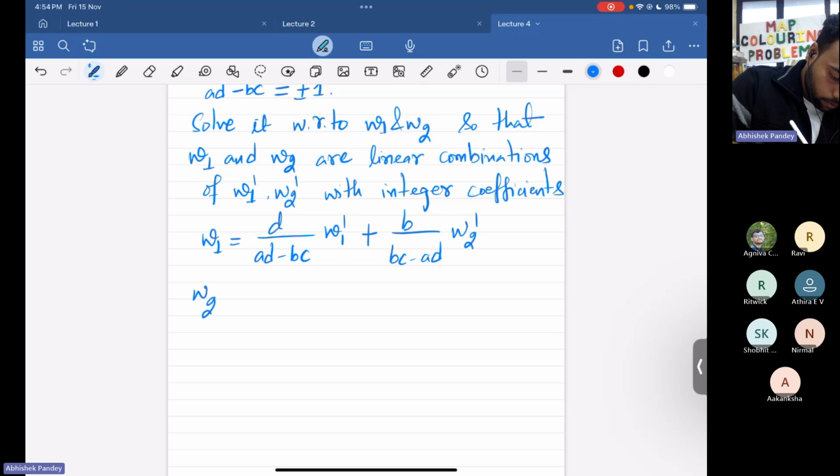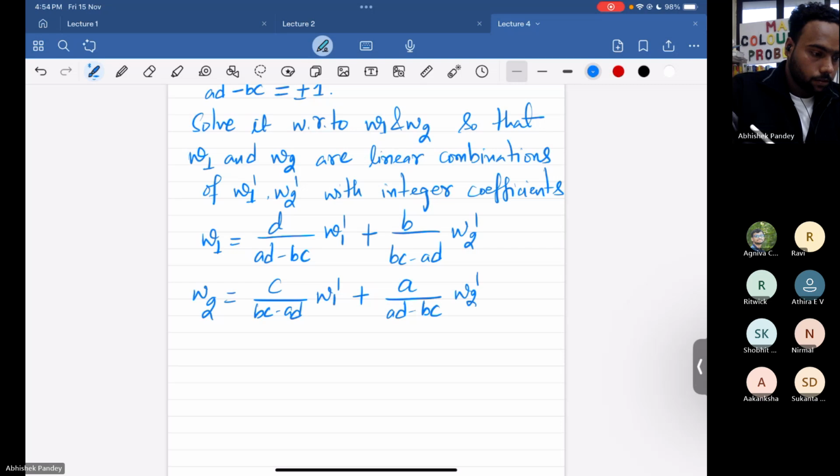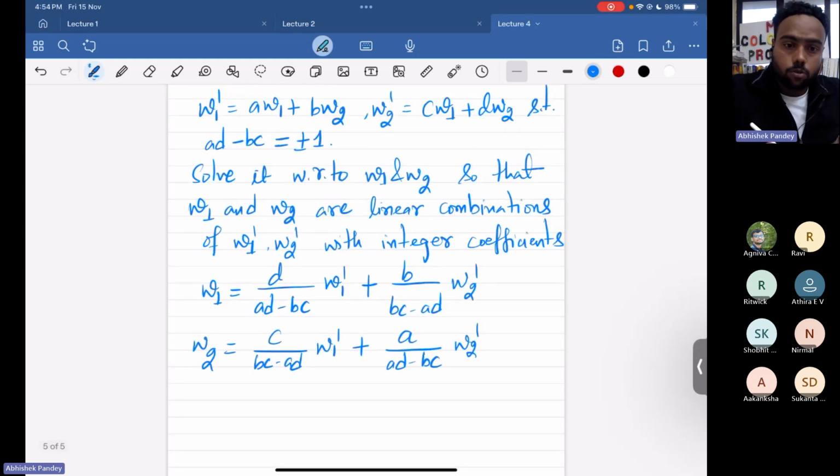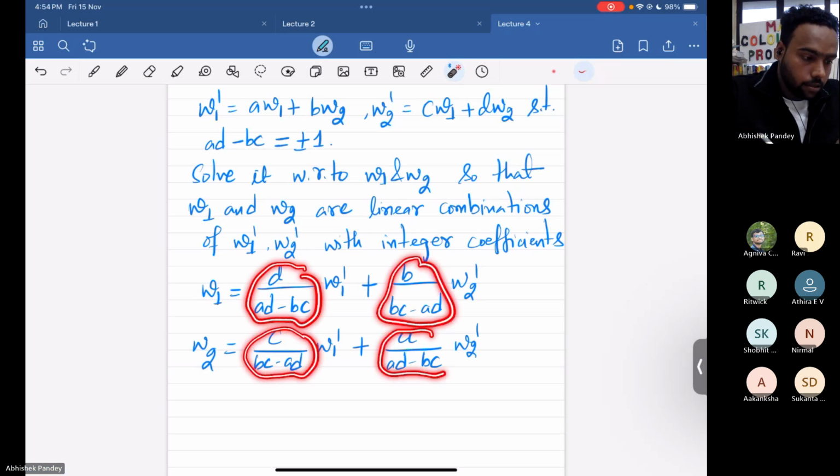Similarly, W2 we get as minus C upon (AD minus BC) W1' plus A upon (AD minus BC) W2'. Okay. So since AD minus BC is nothing but plus or minus 1, these coefficients will be integers only. Any question?